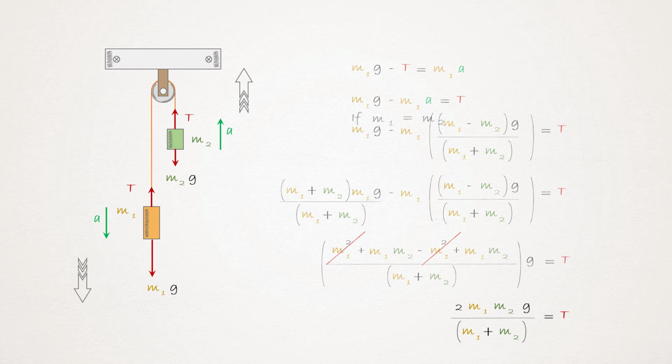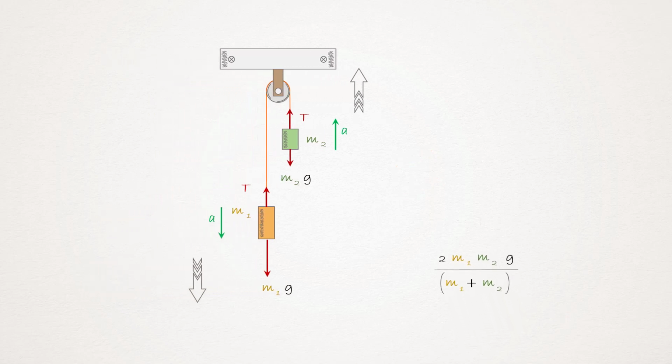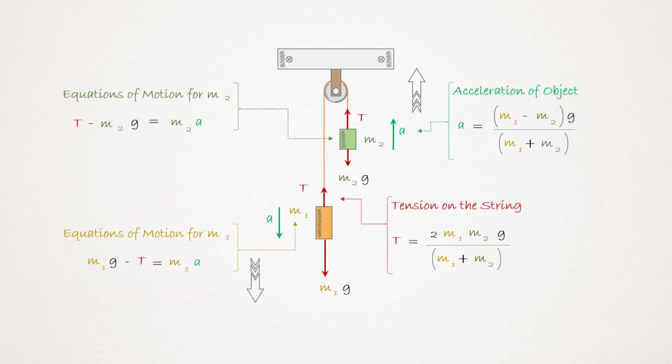For example, if M1 equals M2, then the masses should be in equilibrium. And if you look at M1, you should see that in that case, T would equal M1 g. This is how you check your answers. You should always double check your work to make sure your calculations are correct.